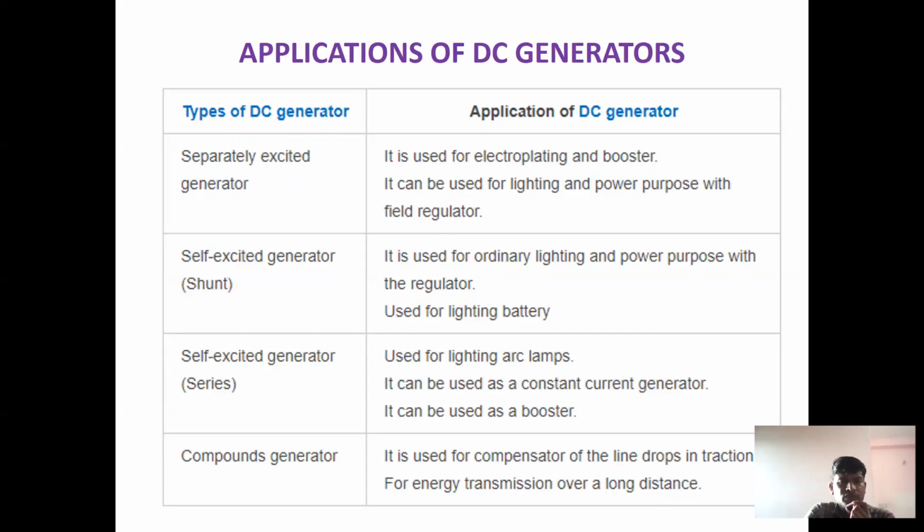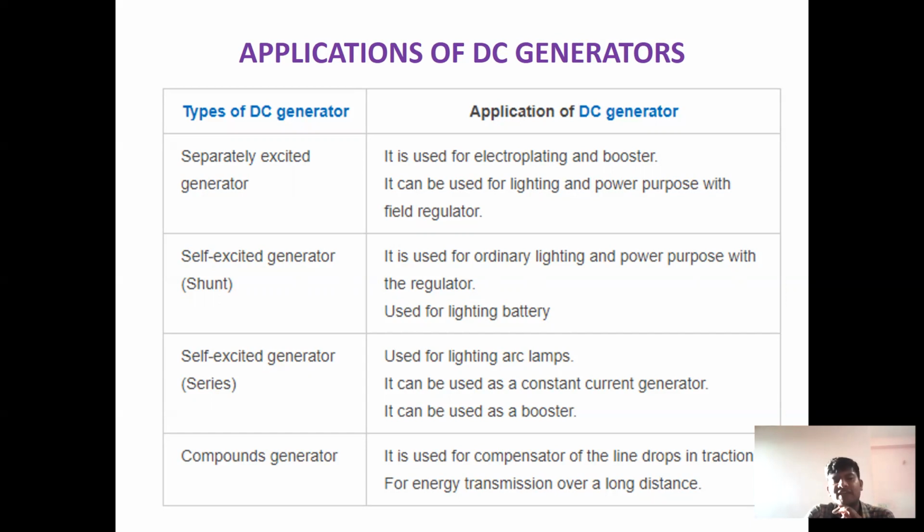It is used for boosters, where we increase the voltage levels, since we can apply the current separately. It is used for electroplating processes, for lighting purposes and for constant voltage purposes.